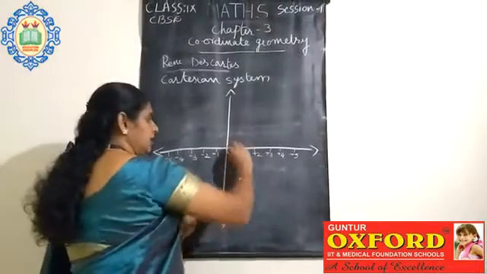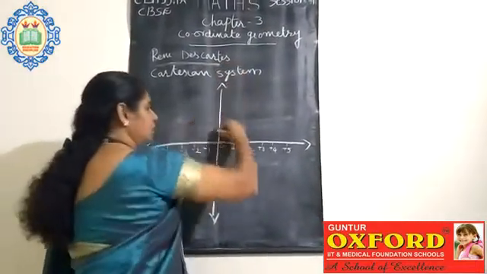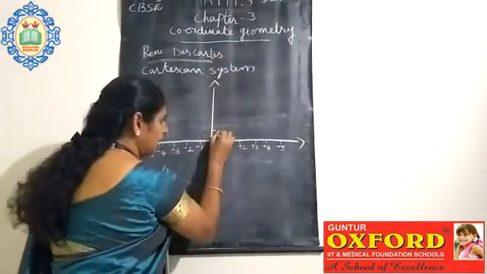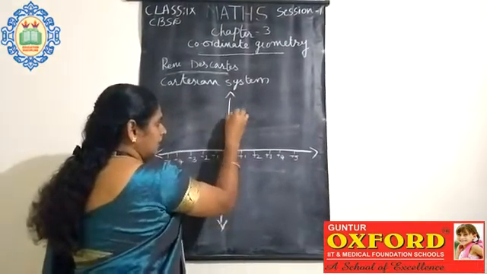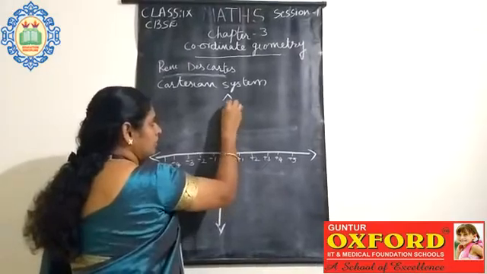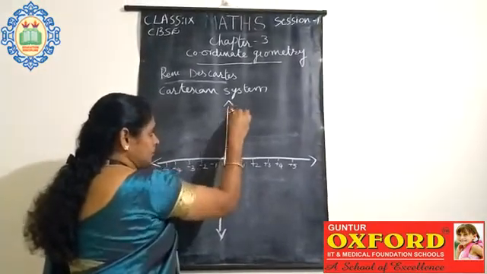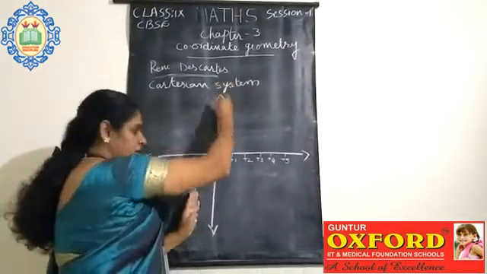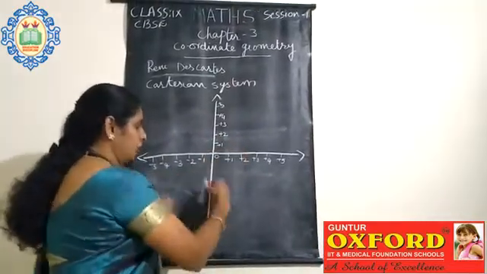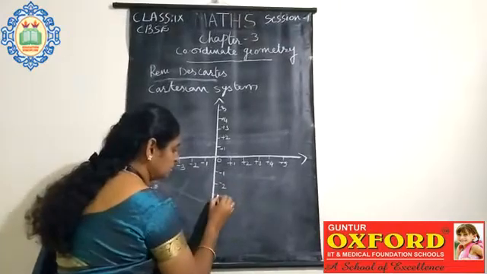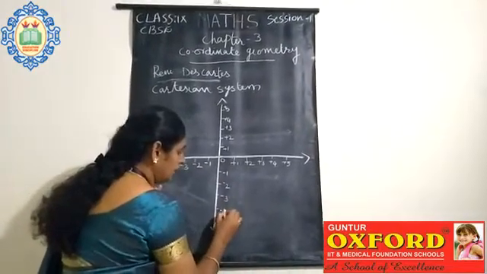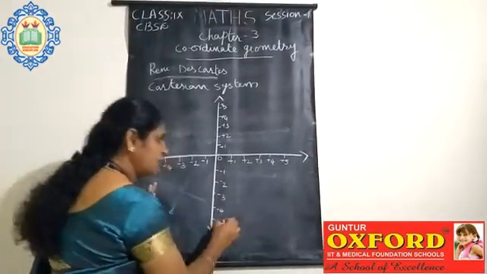Again, the right side of 0 is positive, so mark plus 1 to plus 5 here. Then on the other side, minus 1, minus 2, minus 3, minus 4, minus 5, etc.